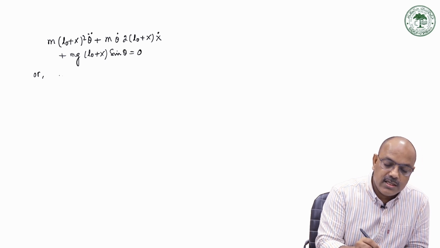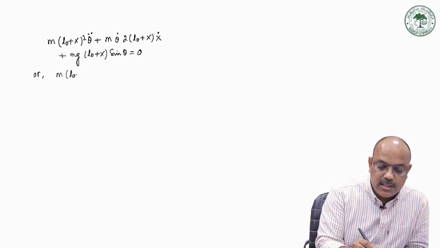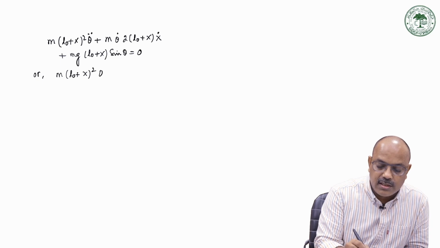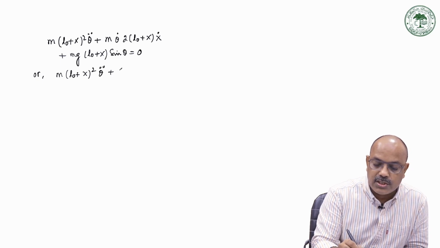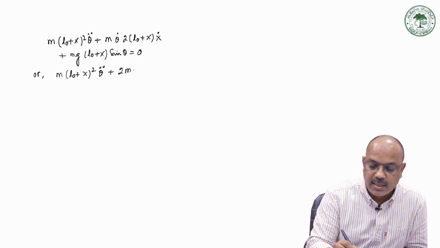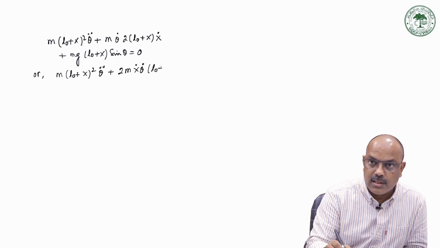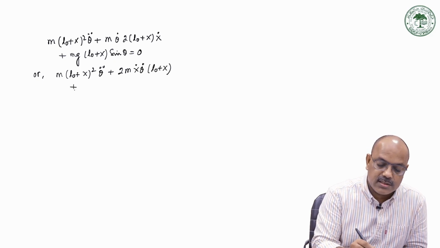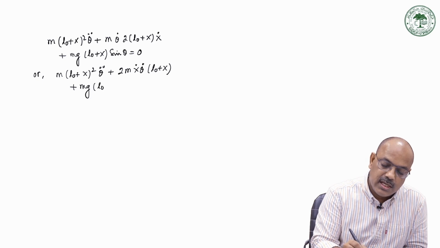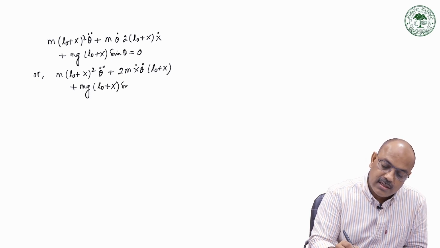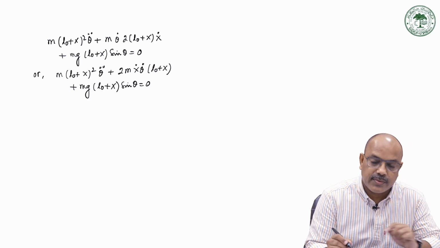Or I can write this as m (L0 plus x) square theta double dot plus twice m x dot theta dot (L0 plus x) plus mg (L0 plus x) sin theta equal to 0.